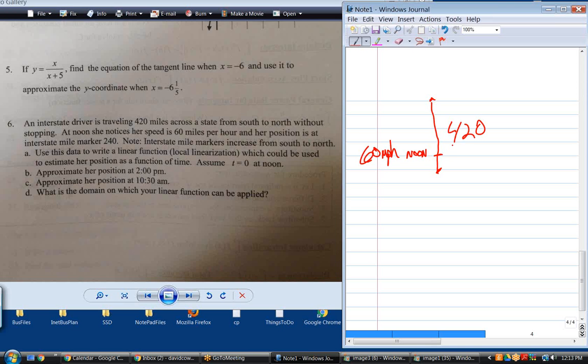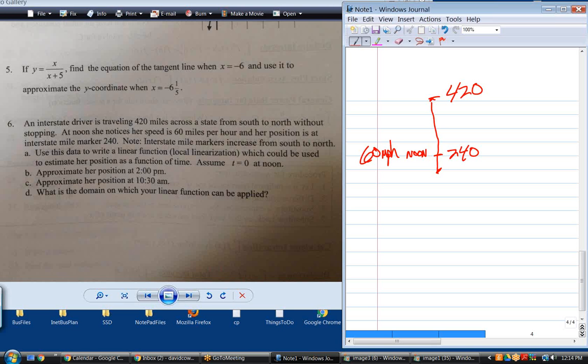And she is at mile marker 240. Here, let's label this 420 as the top label. In fact, yeah, that's 420. Okay? And, okay. Use this data to write a linear function which could be used to estimate her position as a function of time, time being noon.